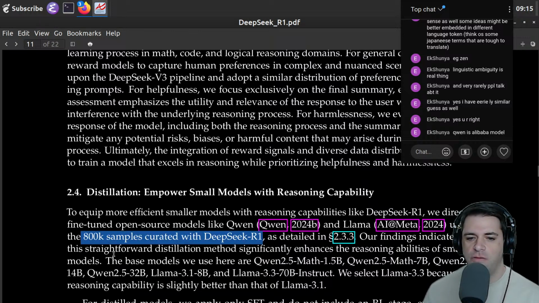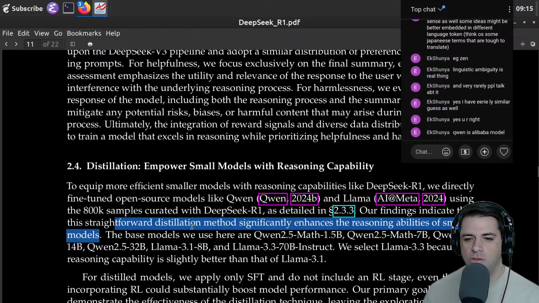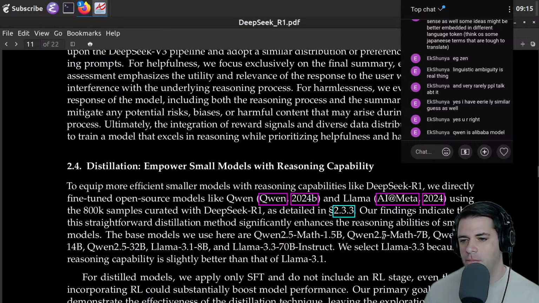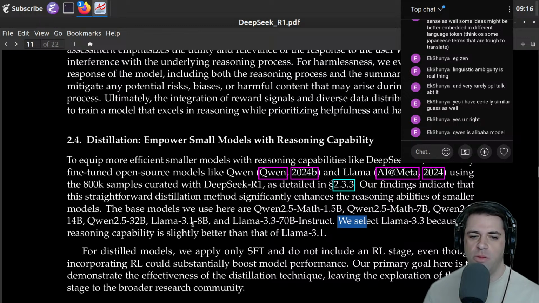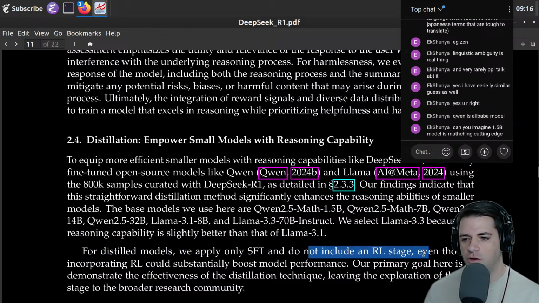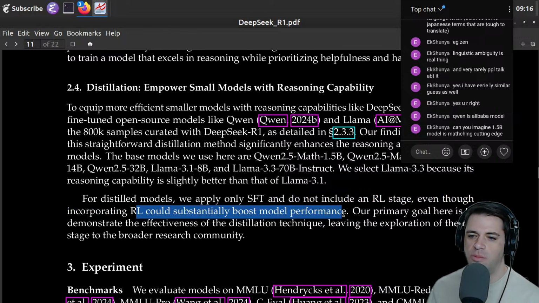"Our findings indicate that this straightforward distillation method significantly enhances the reasoning capabilities of smaller models. The base models we use here are Qwen2.5-Math-1.5B, Math-7B, etc. We select Llama-3.3 because its reasoning capability is slightly better than that of Llama-3.1. For distilled models, we apply only supervised fine-tuning and do not include a reinforcement learning stage, even though incorporating reinforcement learning could substantially boost model performance.